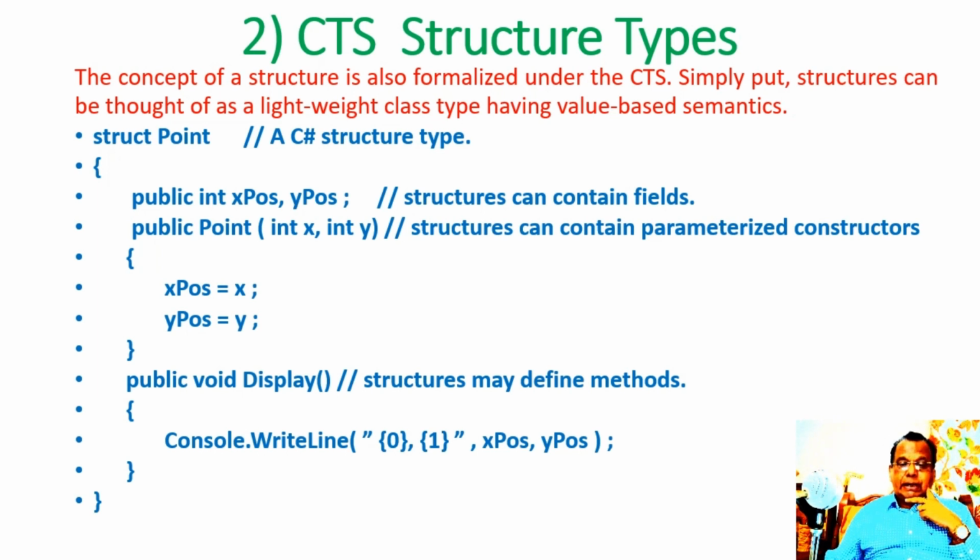The name of the structure is Point. We use the keyword struct for defining a structure: struct Point. As a comment, I have put: a C# structure type. Then on the next line, open the brace.